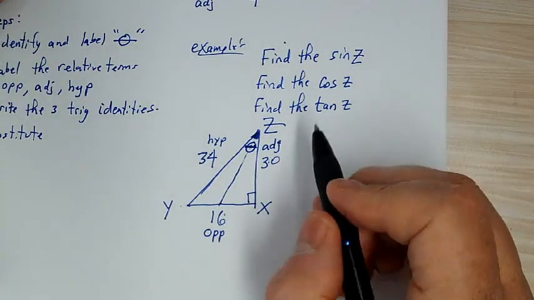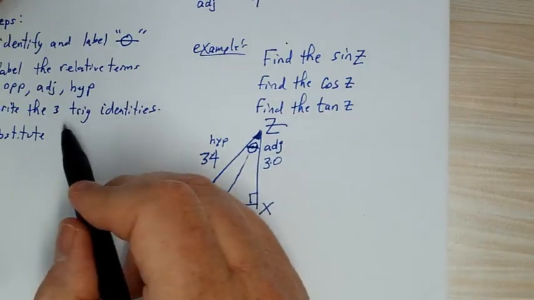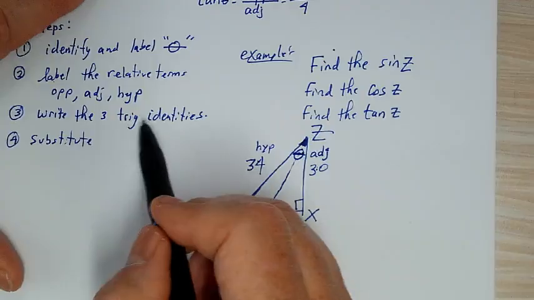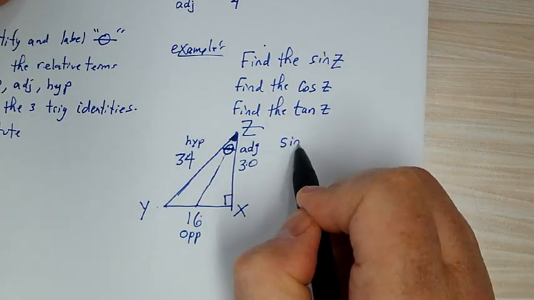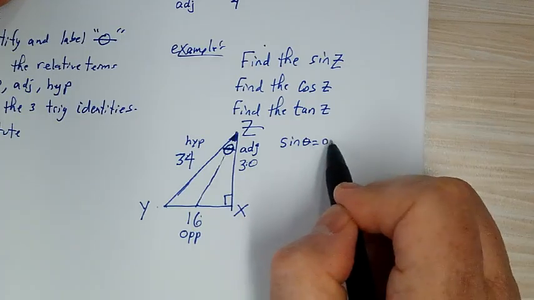Then when we want to find our answer, I'm saying for instructional purposes and for beginners, write the three trig identities. In other words, we know the sine of theta equals opposite over hypotenuse.